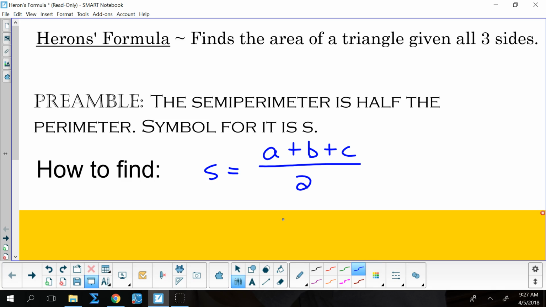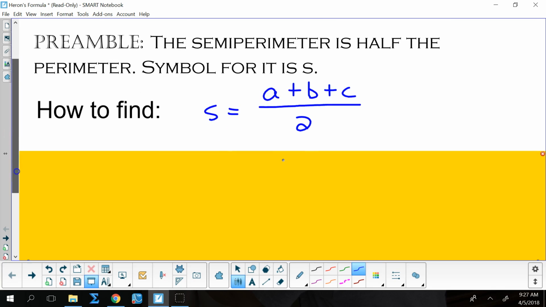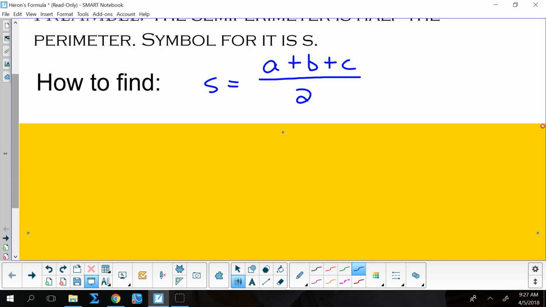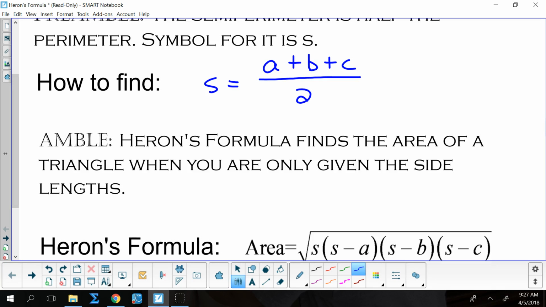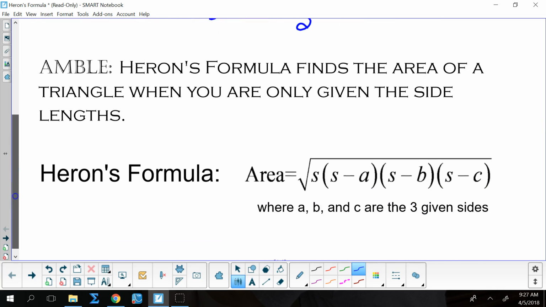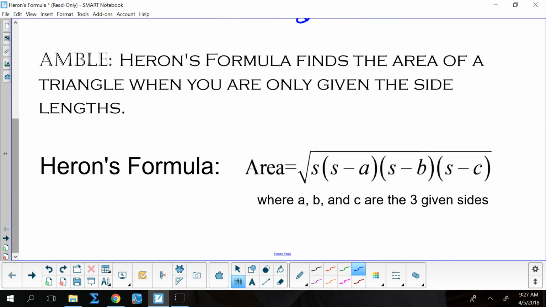Okay? So, Heron's formula then tells us that we can use the semi-perimeter to find the area of the triangle.